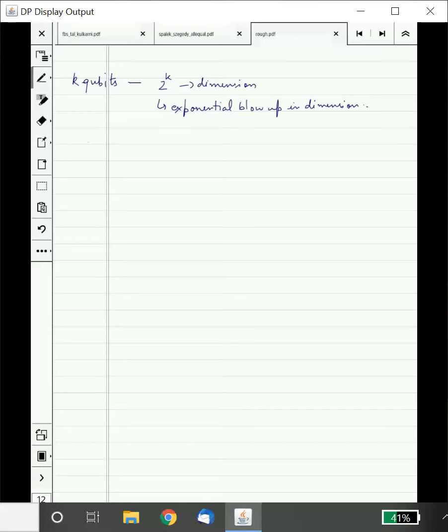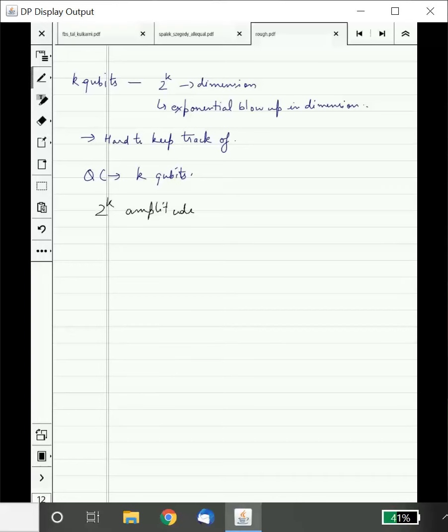And this is very hard to keep track of. If someone has k qubits and they are playing with these k qubits on a quantum computer, then if you want to just make sure what is happening, we have to take care of the 2 to the power k amplitudes.